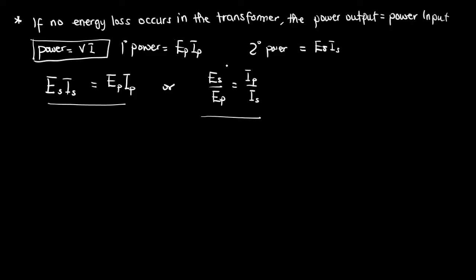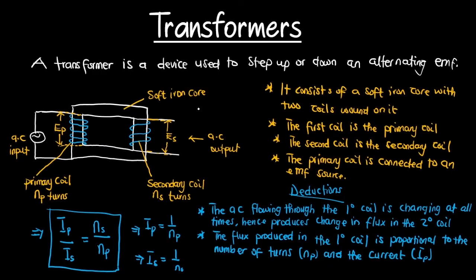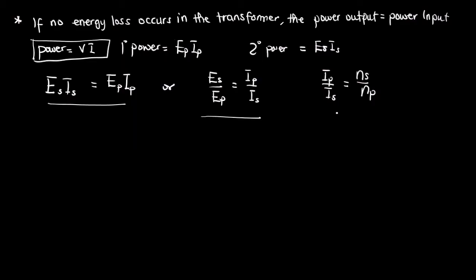So this is the expression that you get. Now remember, earlier on we also said that IP over IS is equal to NS over what? NP. That is what we looked at over here. So this expression is what I am quoting over here.